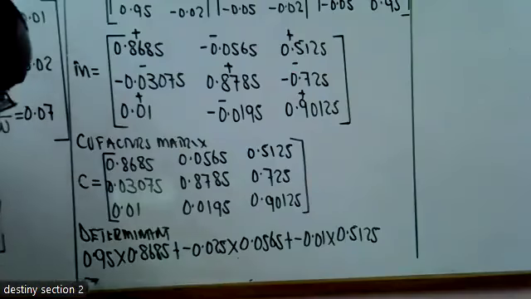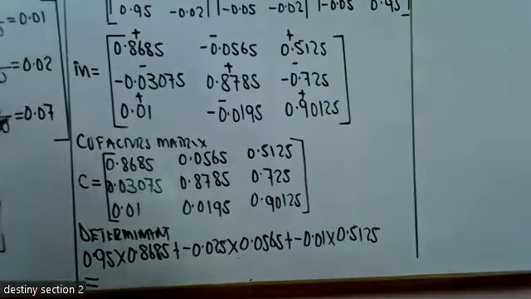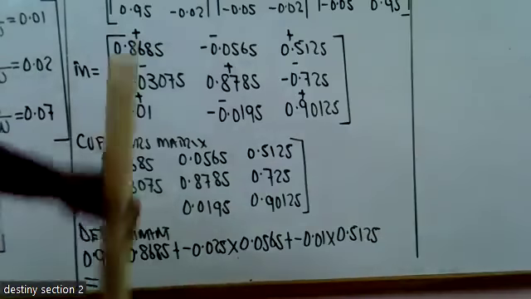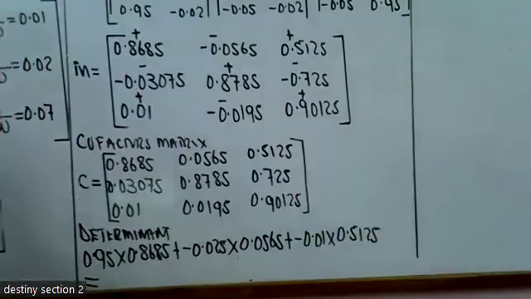Sasa ukiwa na hiyo, tell me what is the answer. We do that. What is the answer? If you say 0.95 times 0.8685 minus 0.025 times 0.0565 minus 0.01 times 0.5125 equals. I'm getting a huge figure. You can confirm. Niandikie someone to write so that I confirm.